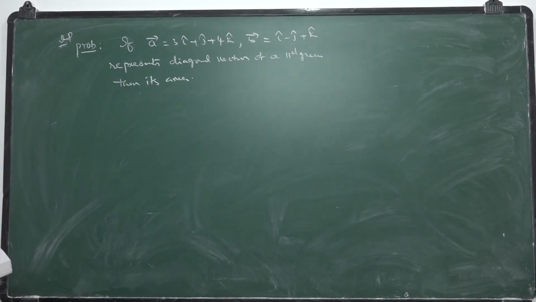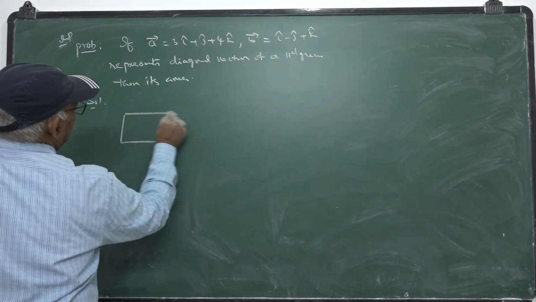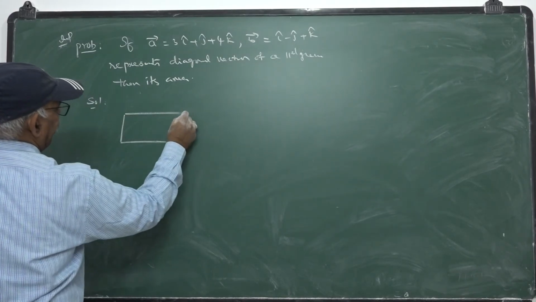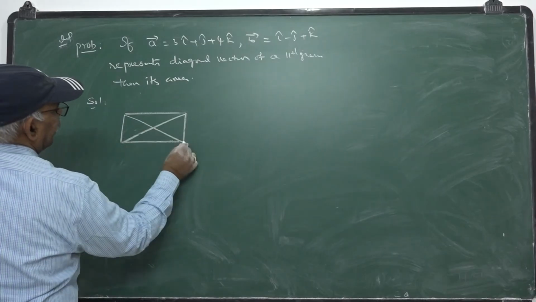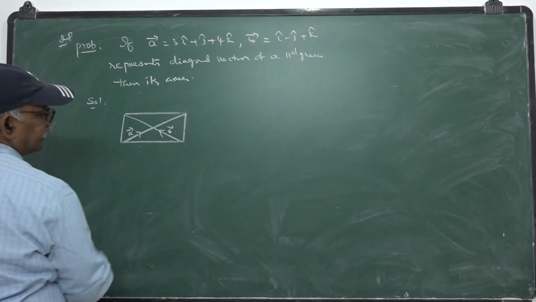Once the diagonal vectors of a parallelogram are given, find the area. Let us suppose this is our parallelogram. This is A bar, and this is B bar.